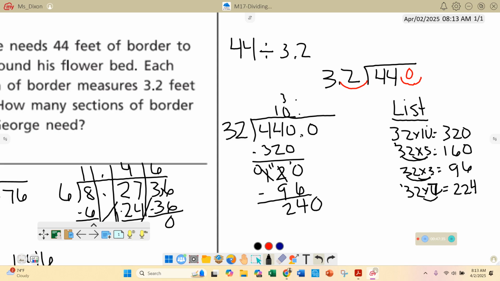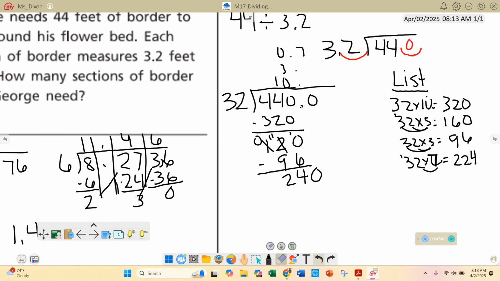And that's much closer. So I'm going to do 7. Don't forget, we have a decimal that we're bringing up. So that's 224. Subtract. And that's 4. And that's 2.